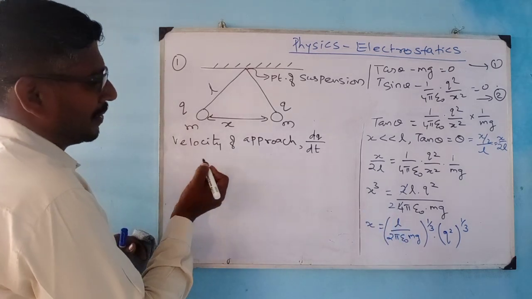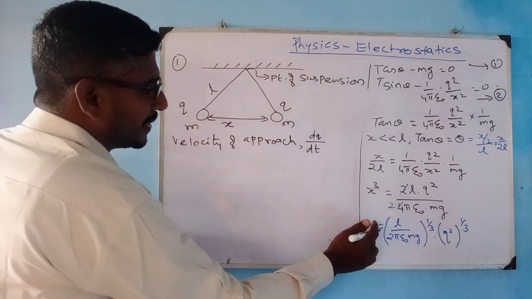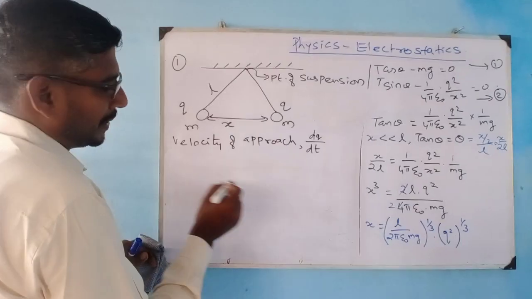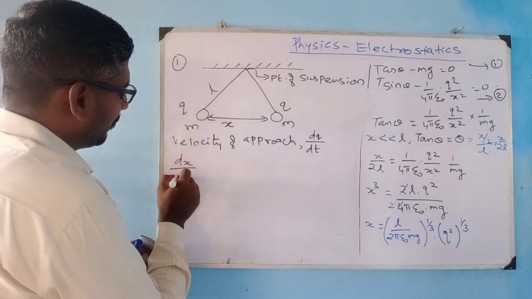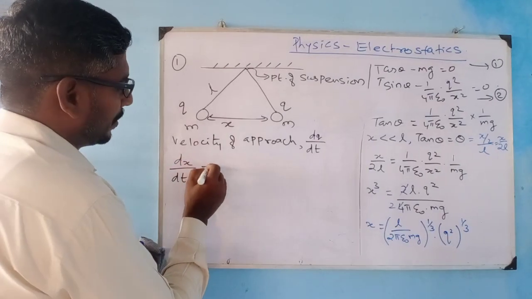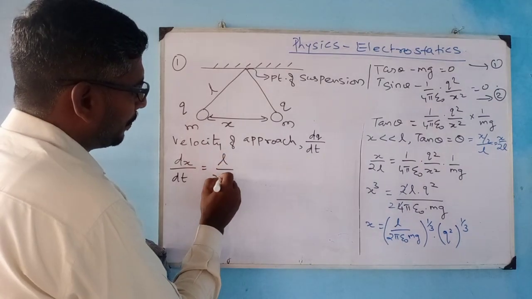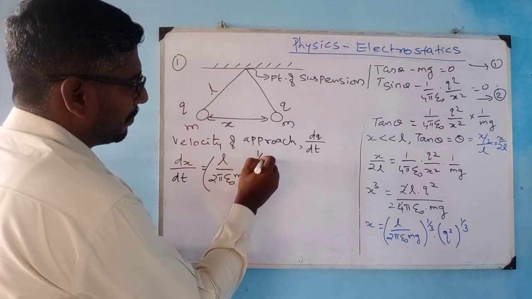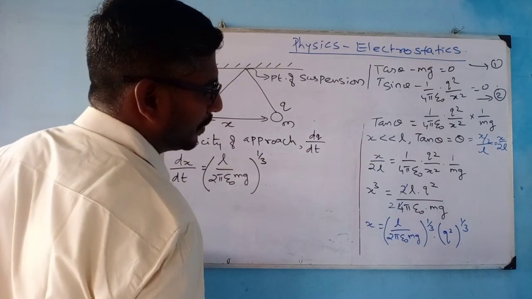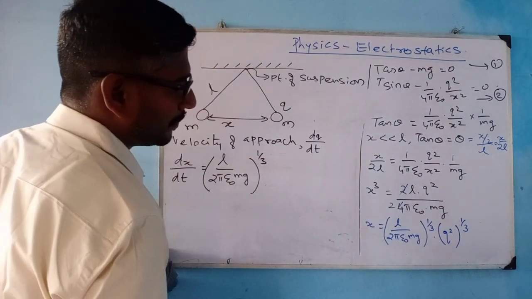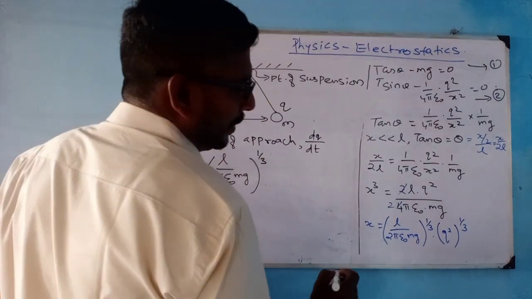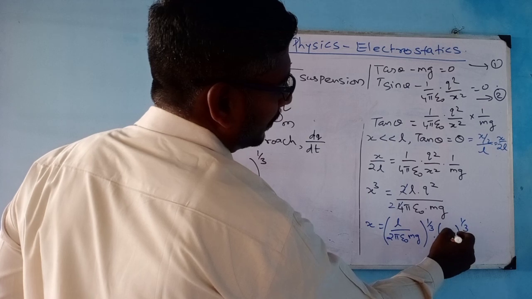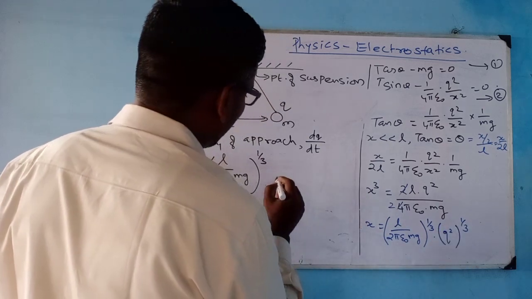So simply I am taking this equation and differentiating with respect to time, right? dx by dt is equal to L by 2 pi epsilon naught mg to the power 1 by 3, and when I differentiate this q square, I get q to the power 2 by 3.